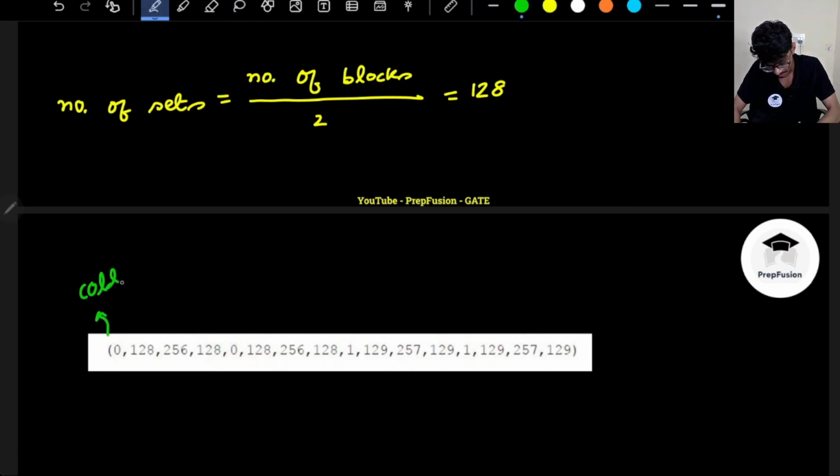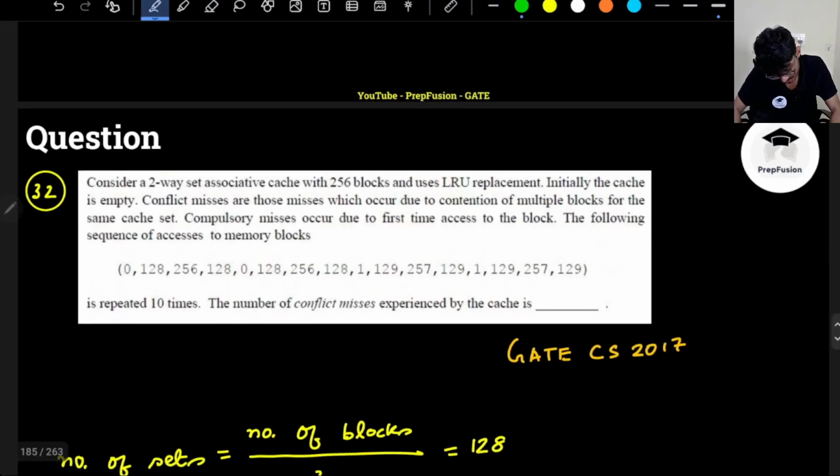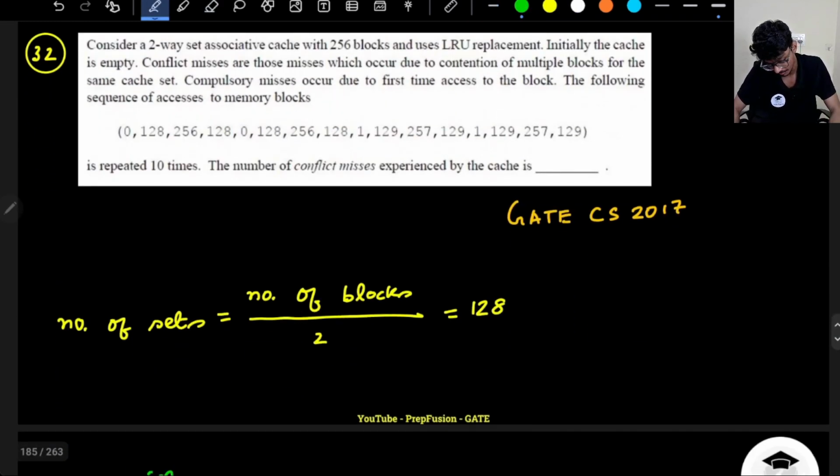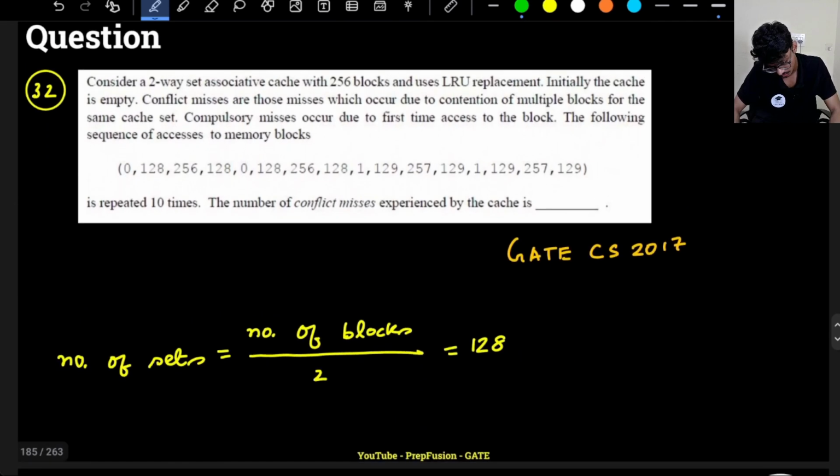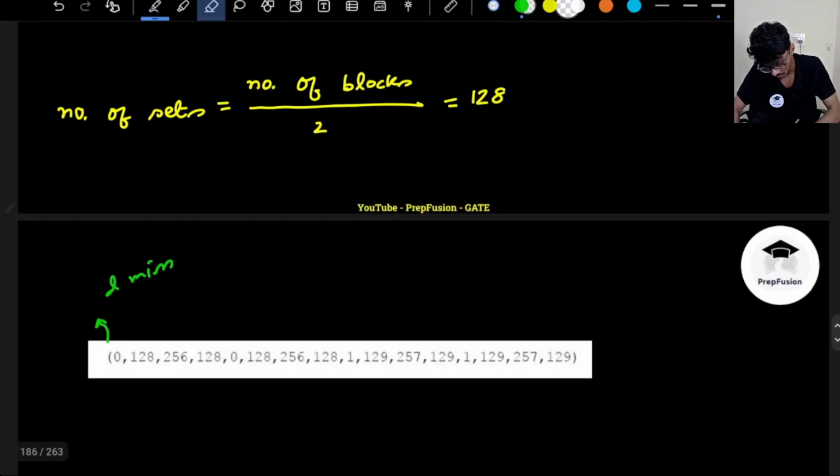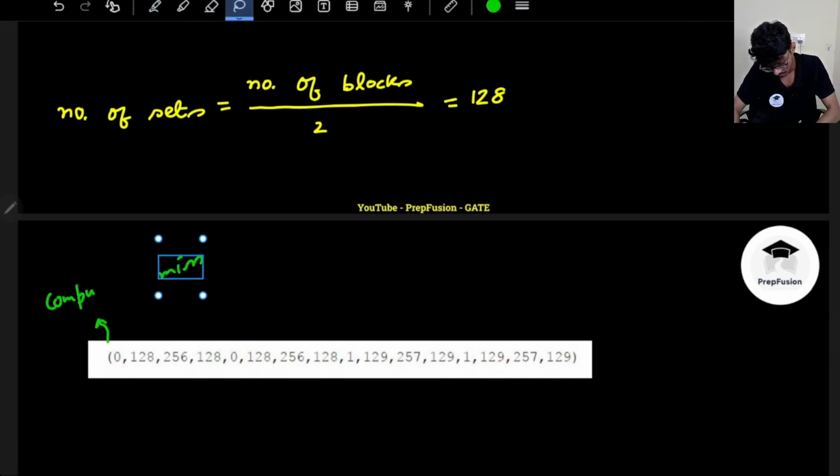We just have to keep track of conflict misses and compulsory misses. Also they have told us cold miss or compulsory miss are the same thing only. They have just changed the name.